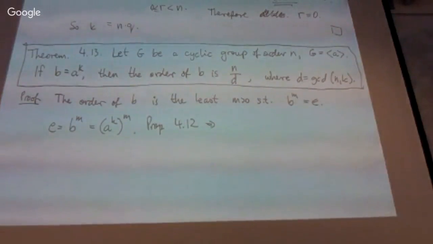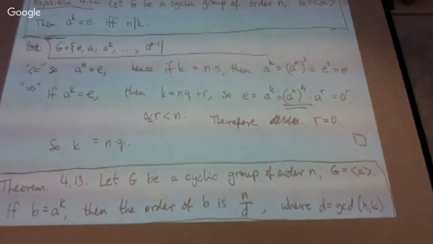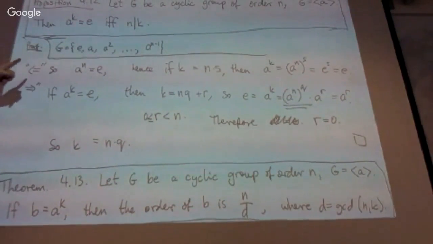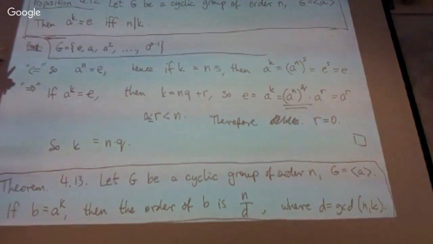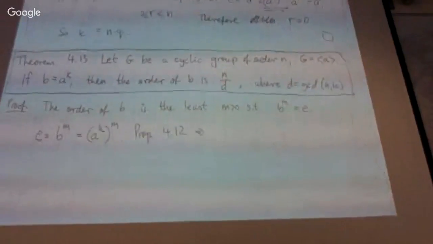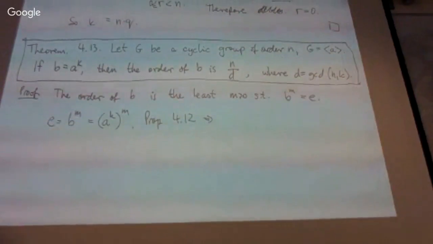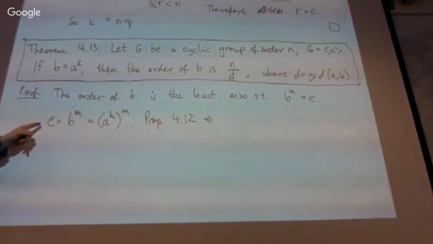Okay, so proposition 4.12, it was this. If some power of a is the identity, then the power is a multiple of n. So the same thing happens here. We have some power of a, which is the k times m-th power, equals the identity.